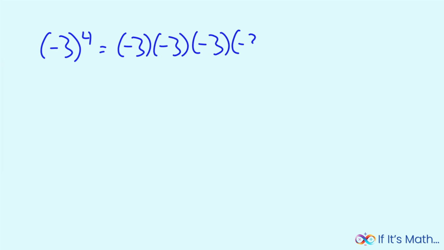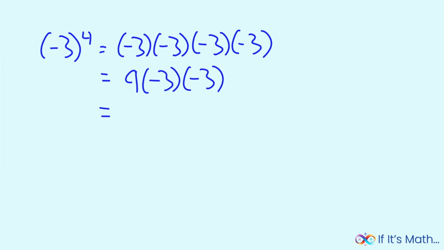So let's actually do that this time. The difference here, you'll see, is my negative's not on the outside, it's inside that exponent. So this is going to be negative 3 times negative 3 times negative 3 times negative 3. My negative 3 times negative 3 is going to give me positive 9, still times a negative 3 times a negative 3.